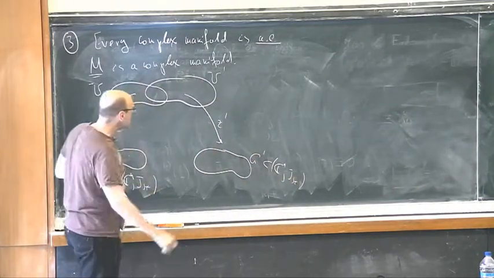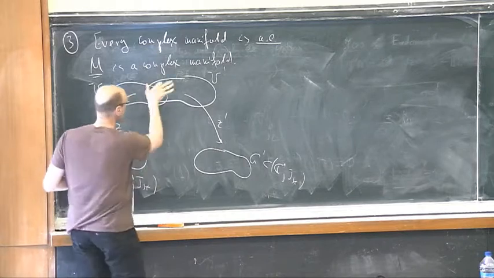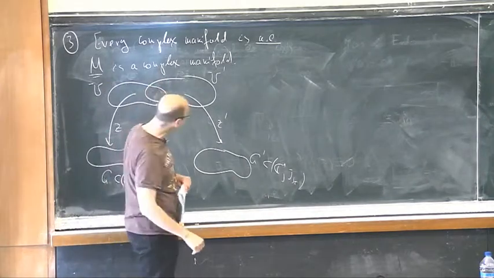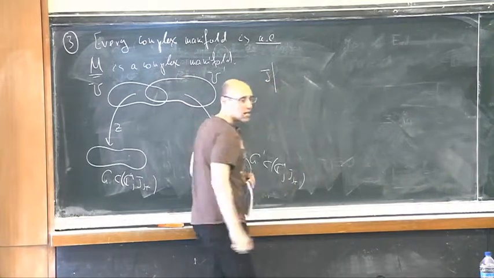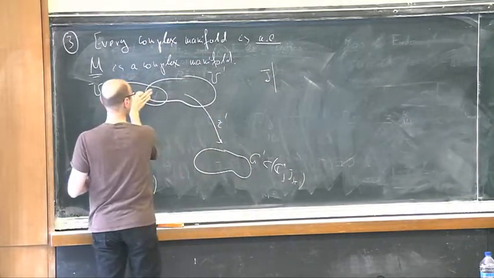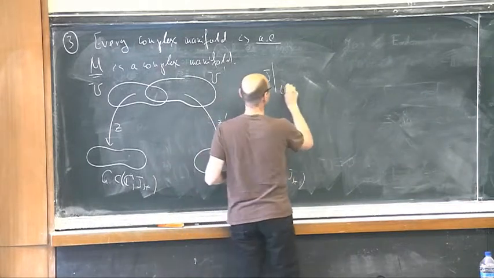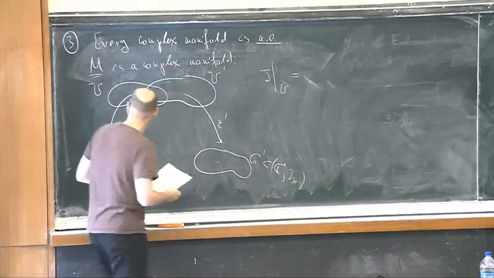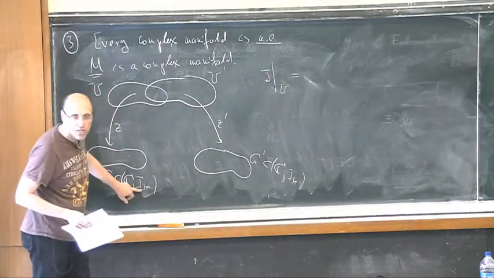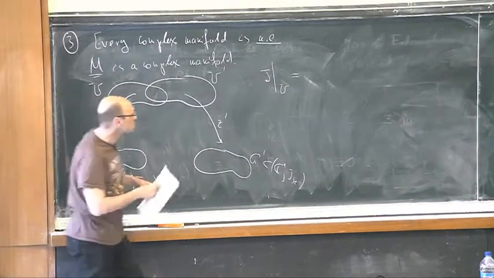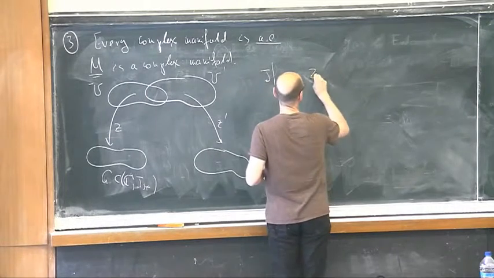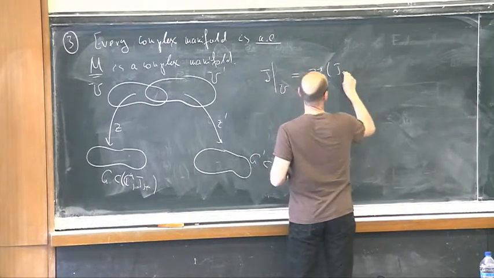So then we can define an almost complex structure on the whole manifold M as follows. Our almost complex structure is defined on U as follows. We consider the pullback of the standard structure by the diffeomorphism Z. So this is Z star of this.